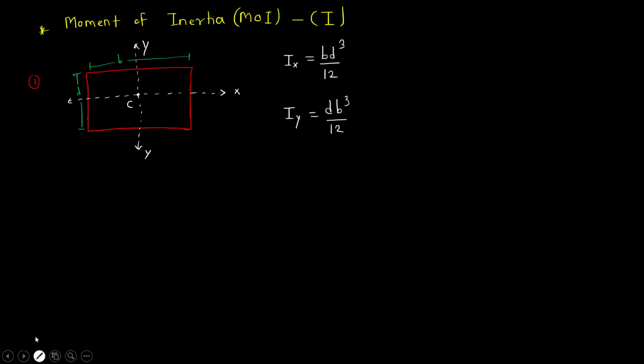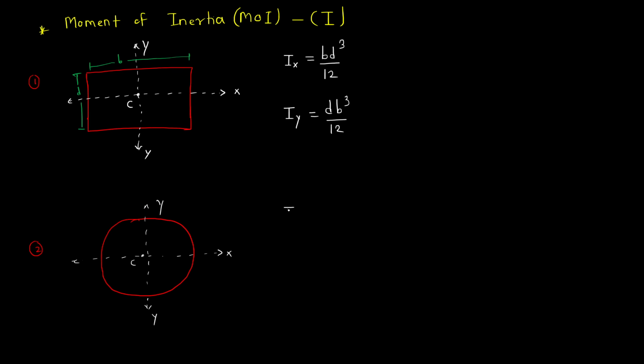So this is for rectangular. For square, b is equal to d, so you substitute it there and you will get the exact equation. Now the second one that we'll study is circle. For circle, we have seen the centroid lies at the center point, then this is the x-axis and this is the y-axis.